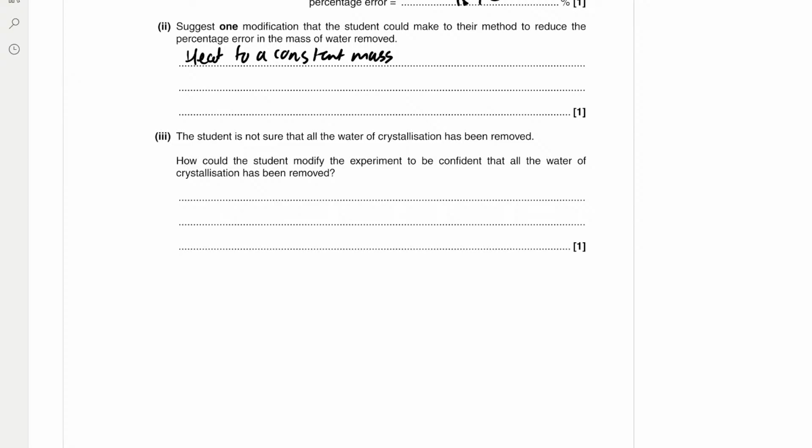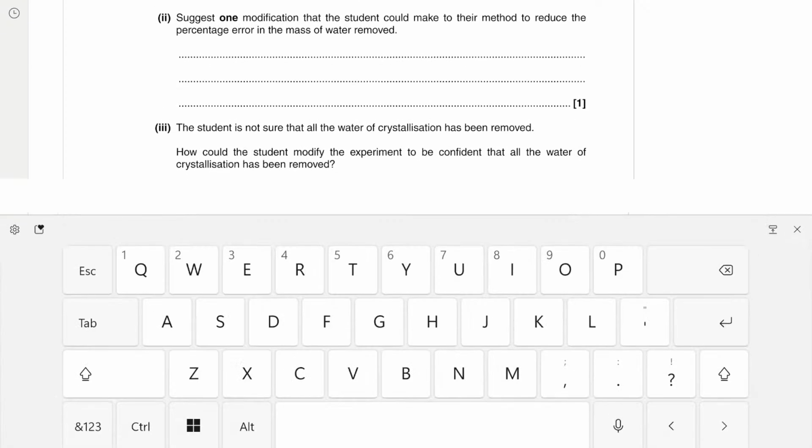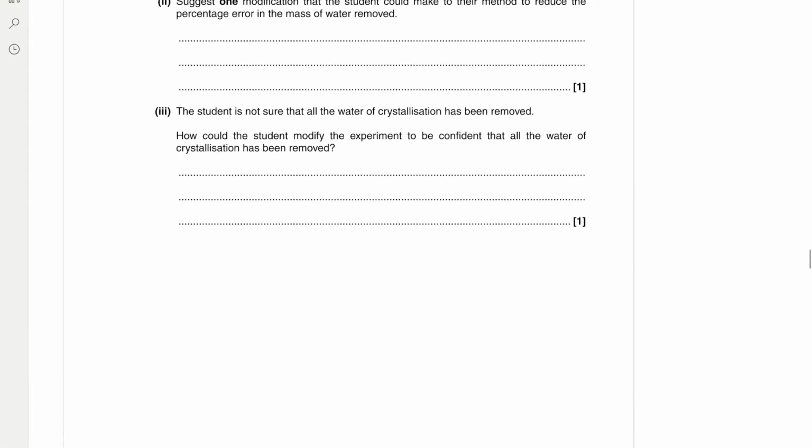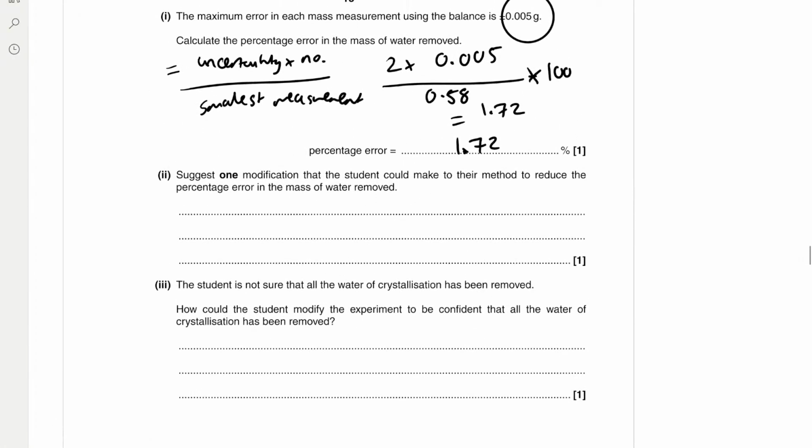III. The student is not sure that all the water of crystallization has been removed. Sorry. Actually, yeah. So no, sorry, that would be incorrect. So to decrease the percentage error, you would need to either increase this value.